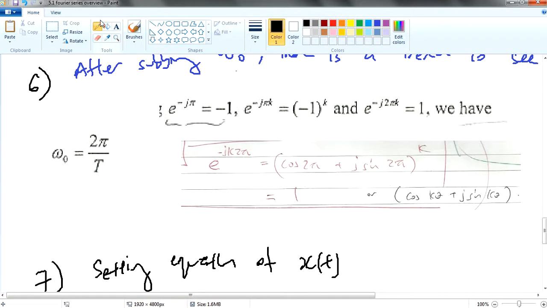Typically when you tackle this type of question, you straight away find omega and T, and then you find your k also. Then you just sub in the omega and the k, and this is just e to the minus j times pi, or 2 pi, or whatever.